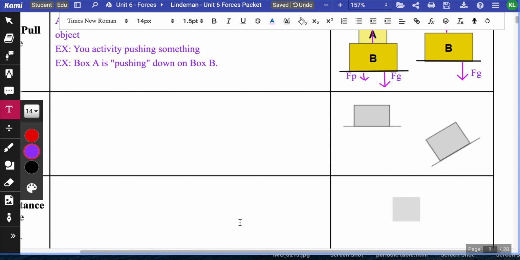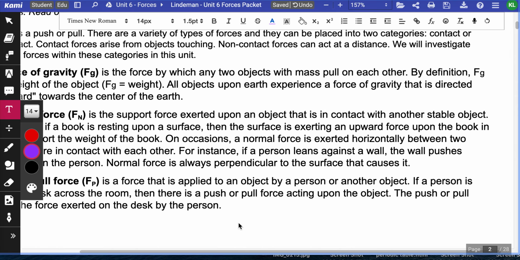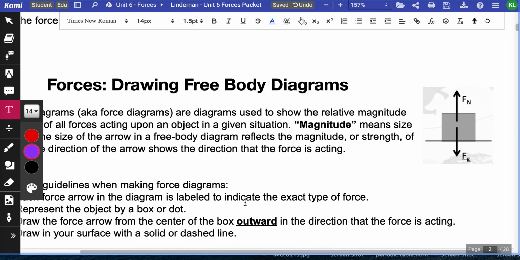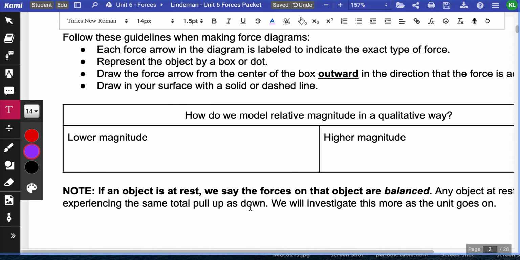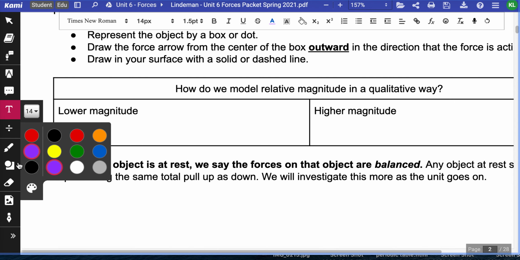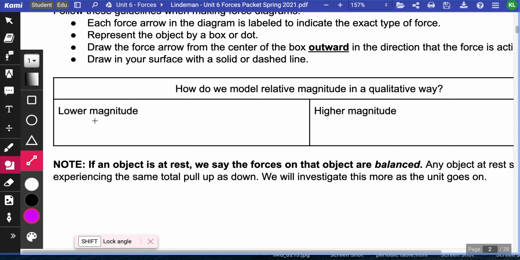The last thing that I wanted to talk about before we move on, so we should have read through this all thing. Towards the bottom of page 2, we just need to know that a low magnitude is going to be a small arrow. A higher magnitude is going to be a large arrow. Okay, so the higher the magnitude of the force, the longer the arrow.